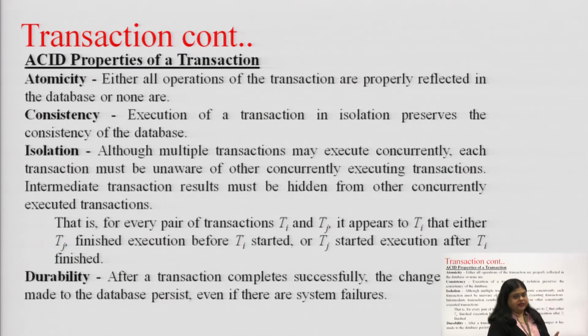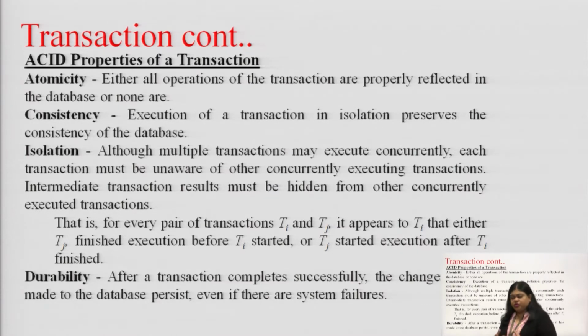To maintain the database in proper shape, so that there is no ambiguity in the database, we have to maintain these four properties of data. What do these mean? Atomicity means either the transaction should complete the whole thing and make the updates into the database, or it should not take place at all.